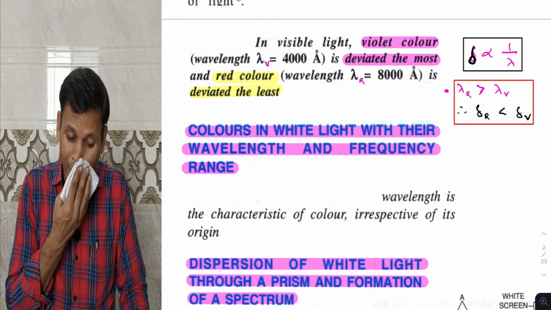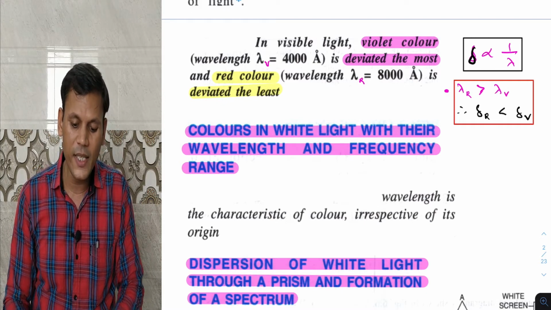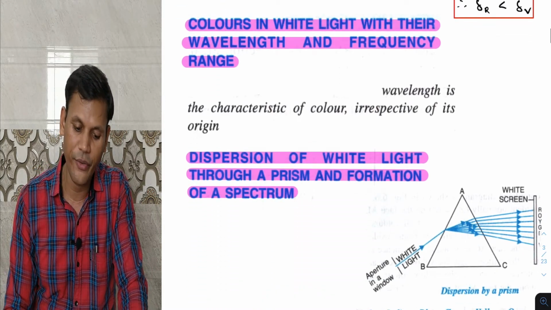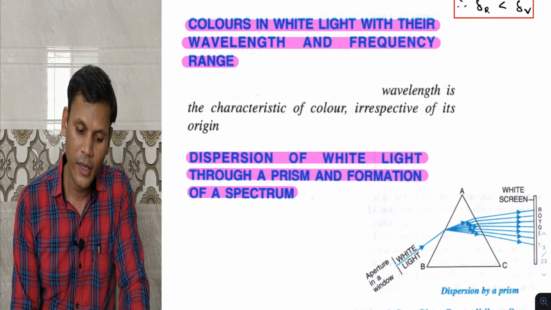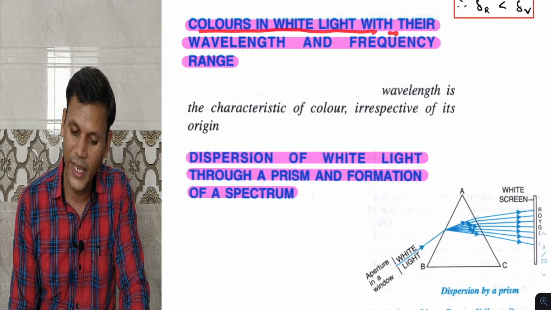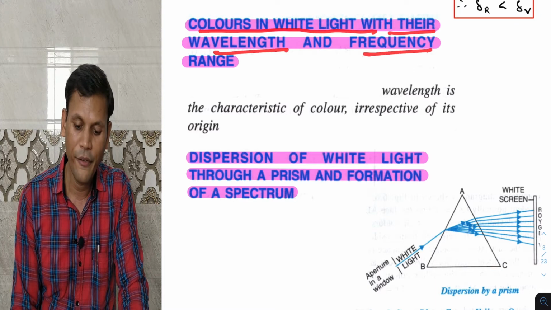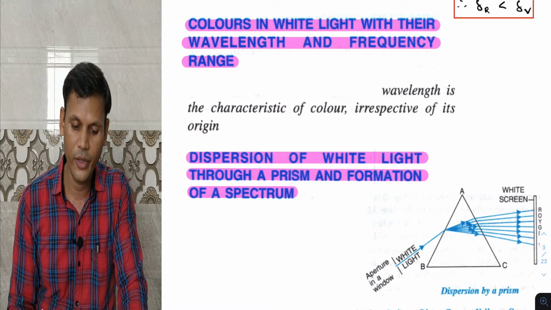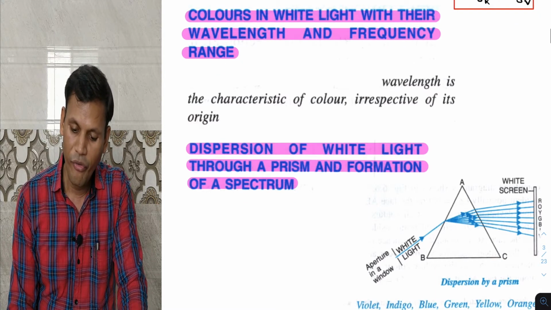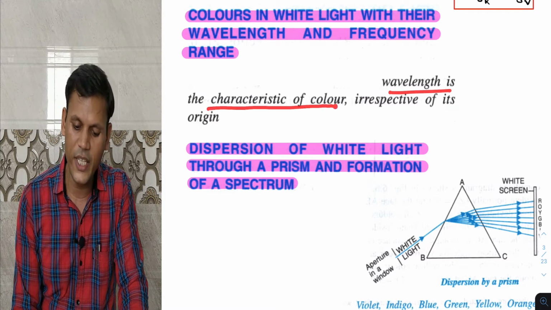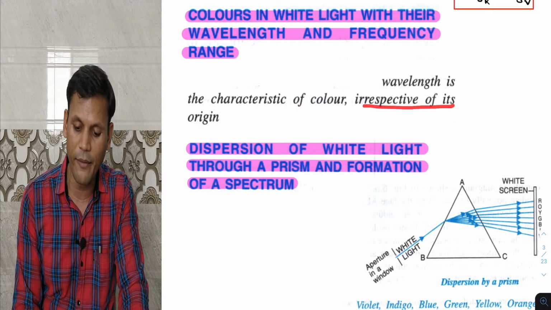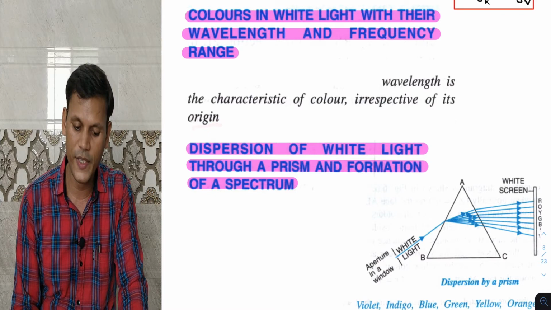Okay, next part is the colors in white light with their wavelength and frequency range. So we know wavelength is the characteristic of color, irrespective of its origin.